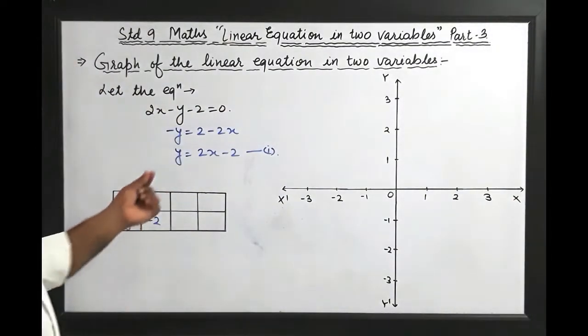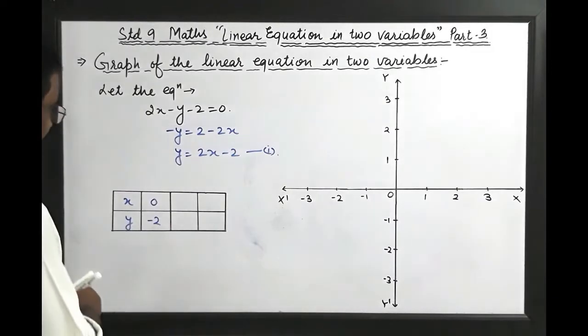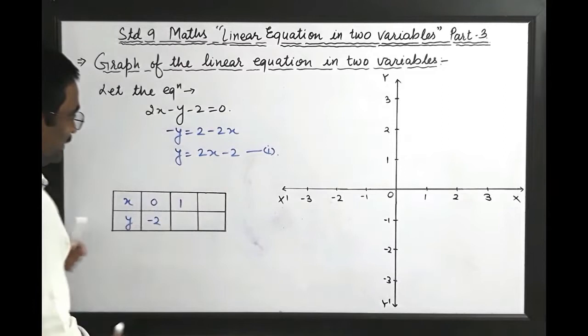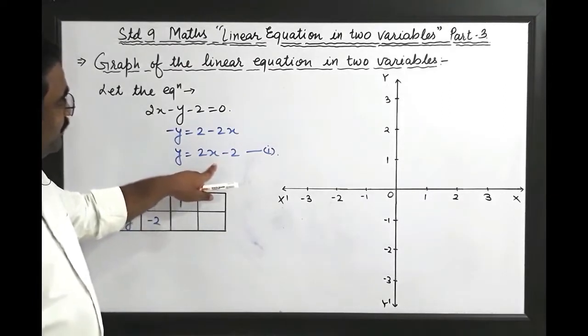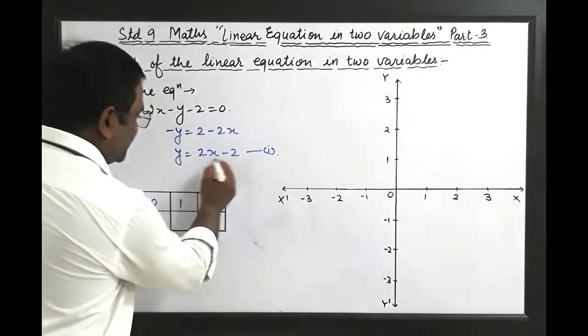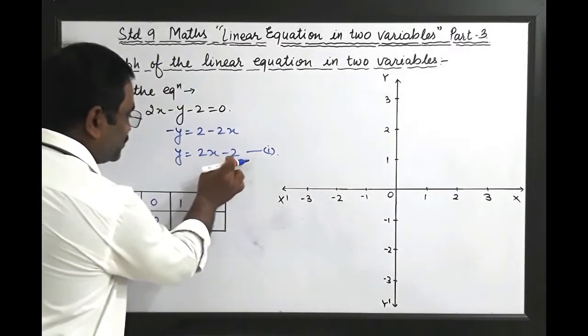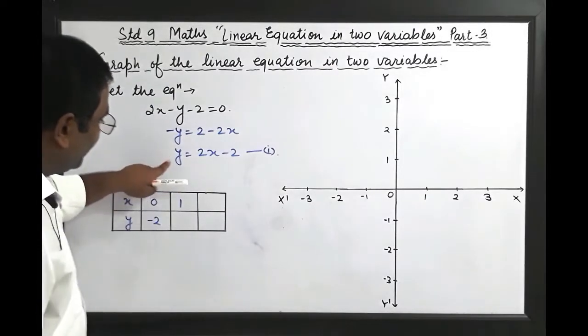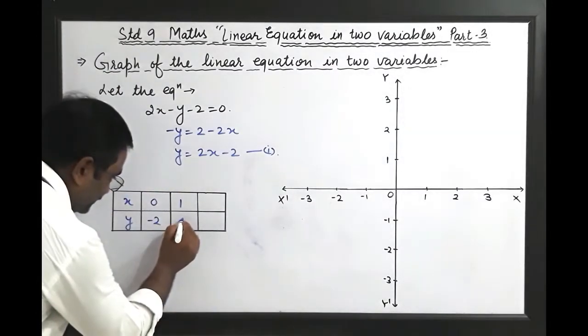So substitute x is equals to 1 in this equation. When you substitute x is equals to 1, इस x के प्लेस पे हम 1 जब substitute करेंगे, so what will we get the values? So 2 1s are 2 and 2 minus 2, which is equals to 0. Therefore the value of y will be 0.